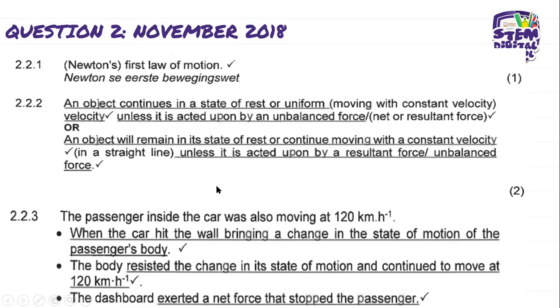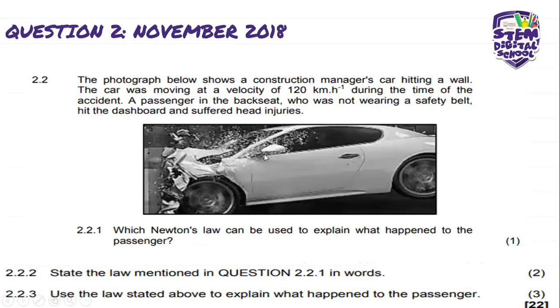Then the dashboard exerted a net force that stopped the passenger, because they told us he will hit the dashboard and suffer head injuries. So why did he suffer these head injuries? Because when he hits the dashboard, he exerts a force on it, and the dashboard also exerts a force on him, and that is why he suffered injuries.